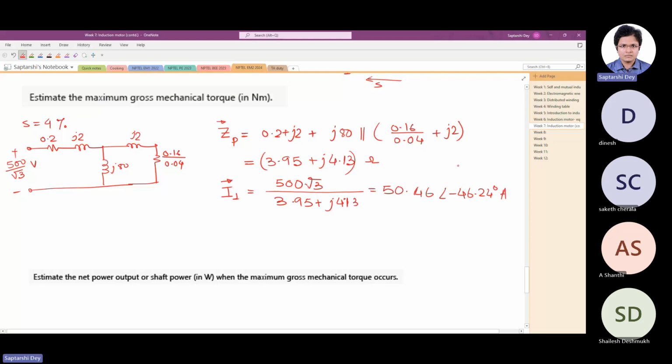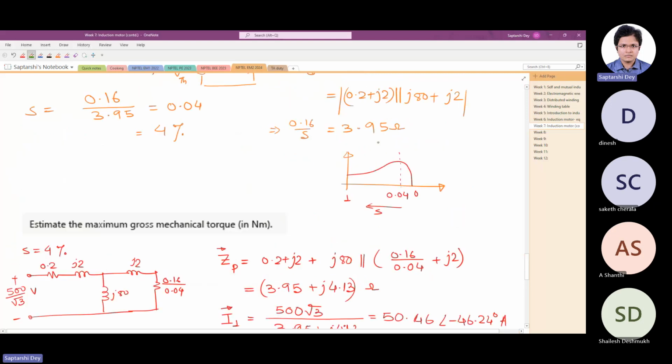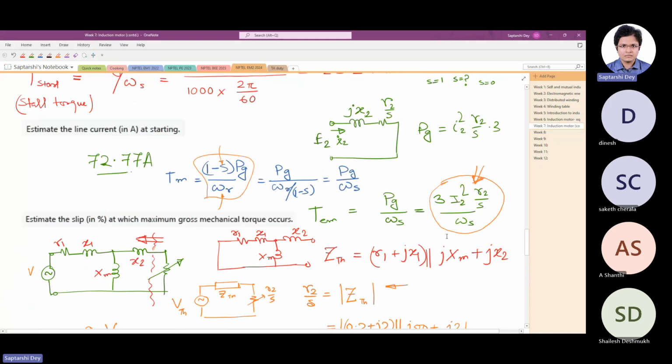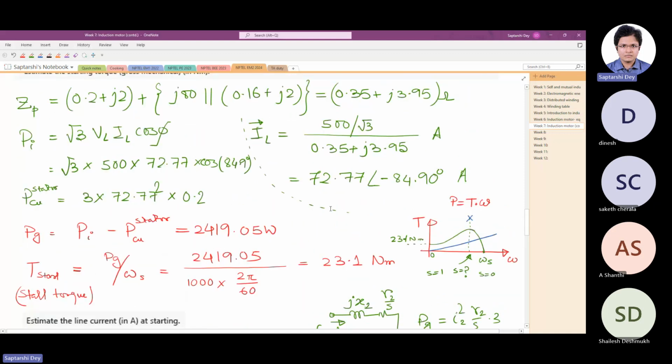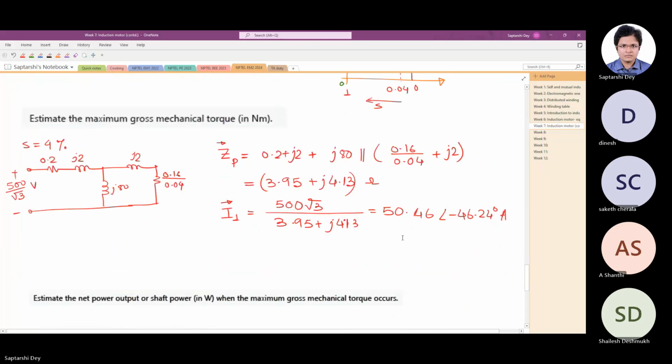Now, before we proceed any further, let us compare these two values. The motor is now running at this speed. The speed has quite increased compared to the standstill, right? It's now only 4% away from the synchronous speed. So the starting current and power factor, if you see, it was 72 ampere and 85 degree. Now the current has reduced to 50 ampere and the power factor has improved. So keep this observation in mind.